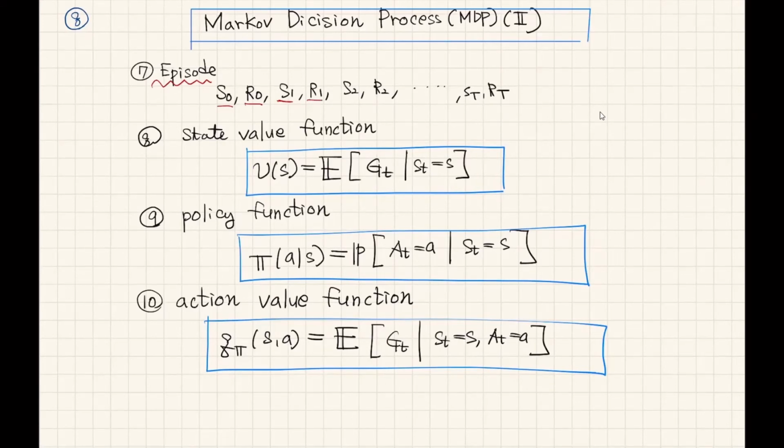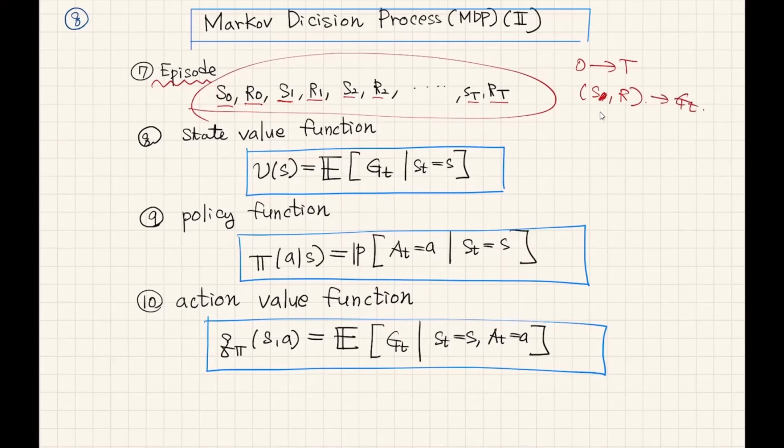Now you move on to S2 and you have reward R2, and you go up to T. This kind of set from S to T, now you have the experience of S and reward. And from this, we can also calculate the reward and return. This is one set of information, experience.